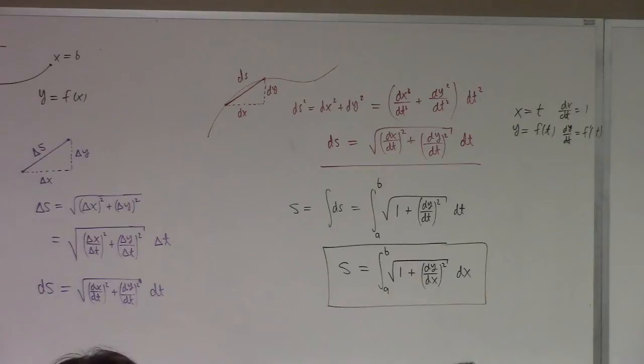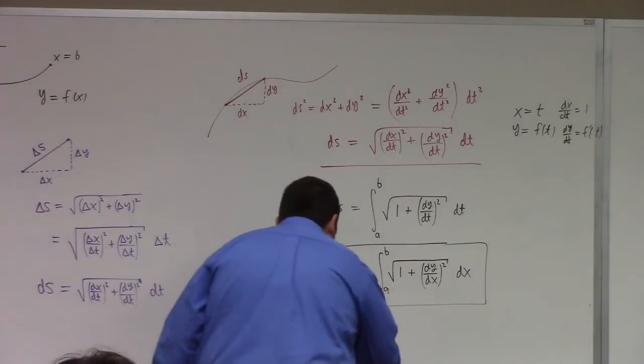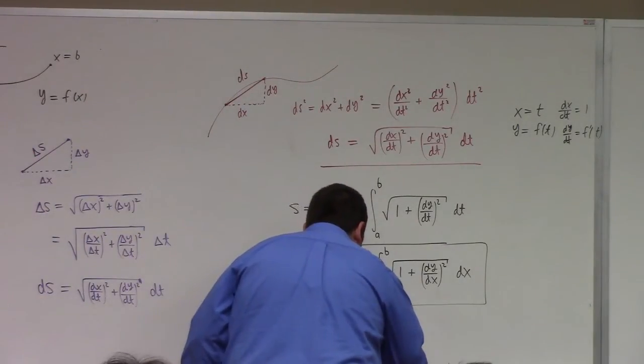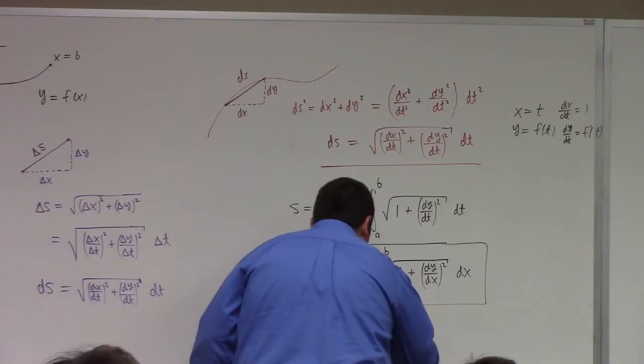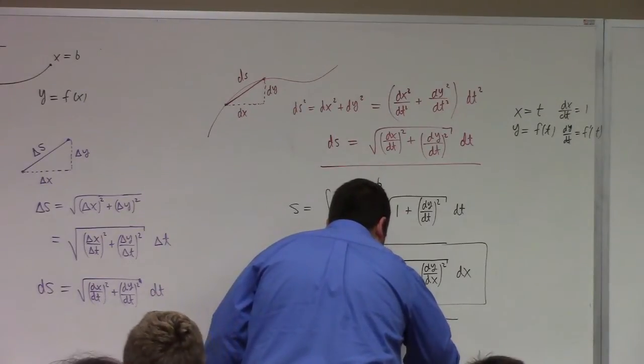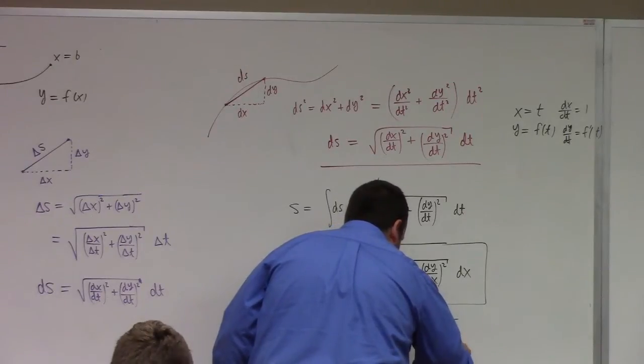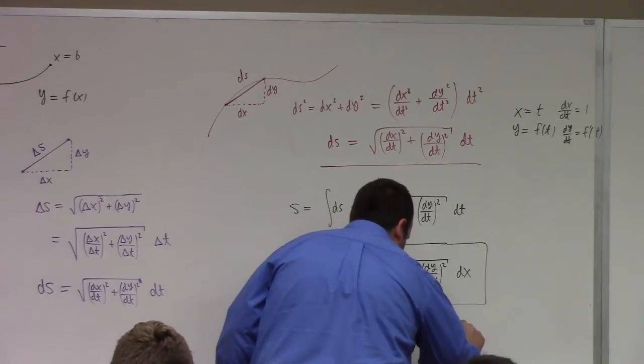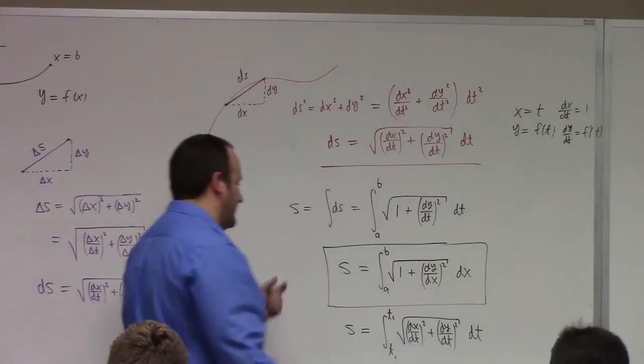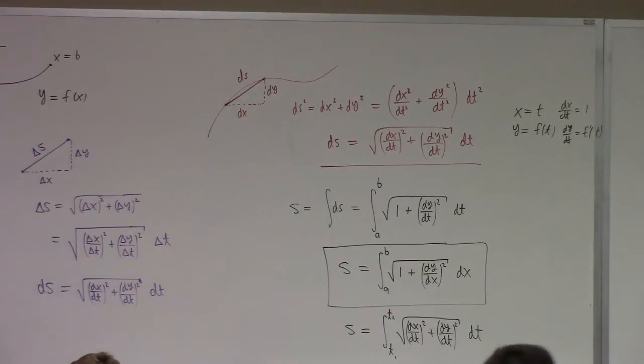Since I've said this much, I will tell you for a parametrized curve, the formula is just this. The integral from parameter 1 to parameter 2 of the square root of dx dt squared plus dy dt squared dt. That would calculate the arc length of a parametrized curve.